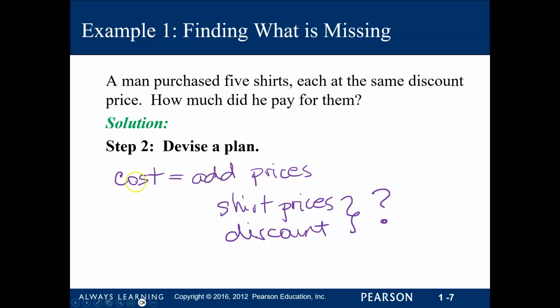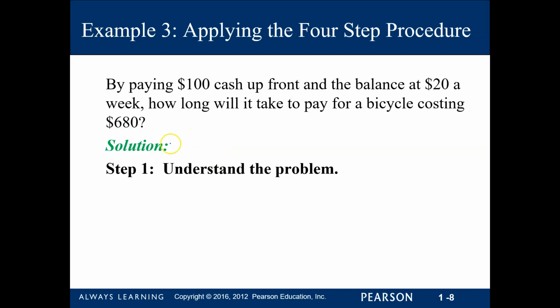All right? Now, let's have this next example. By paying $100 cash up front and the balance at $20 a week, how long will it take to pay for a bicycle costing $680? Okay? So we have a couple of things that we can identify here. We have the $100. What is the $100? This was payment up front.